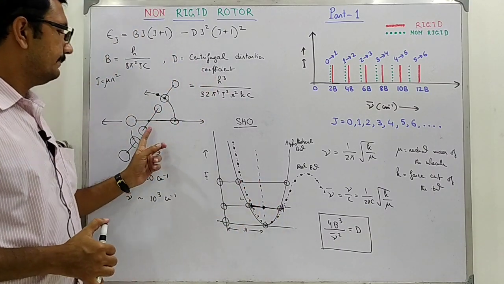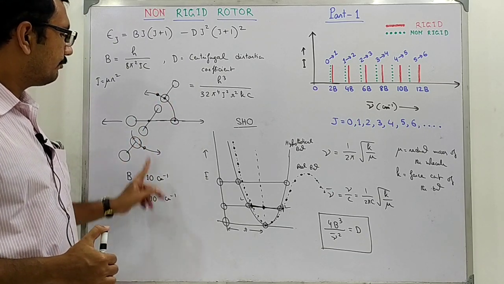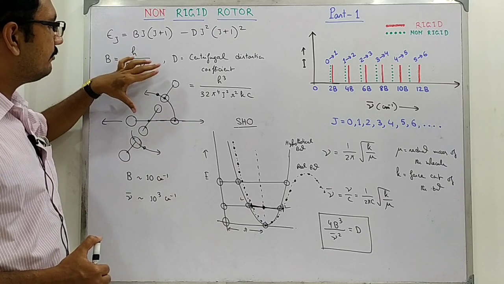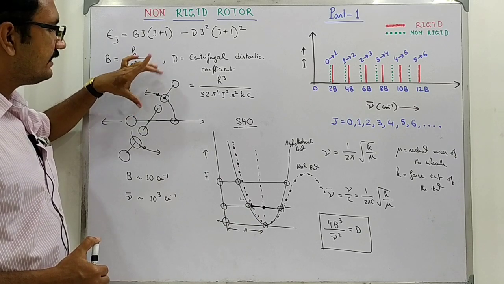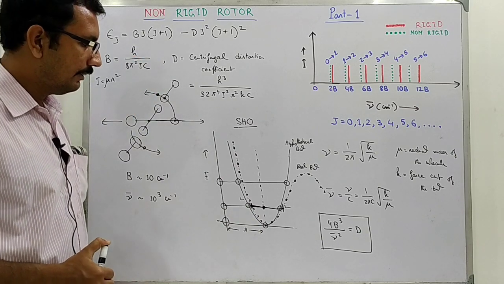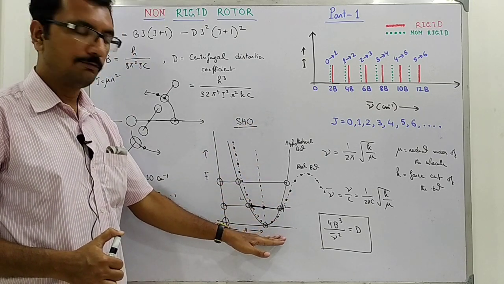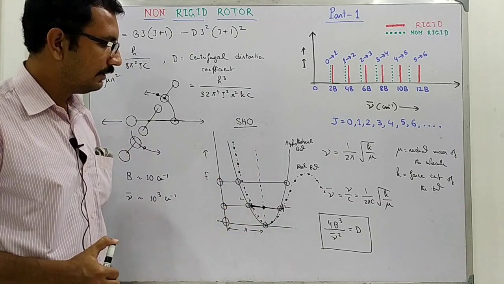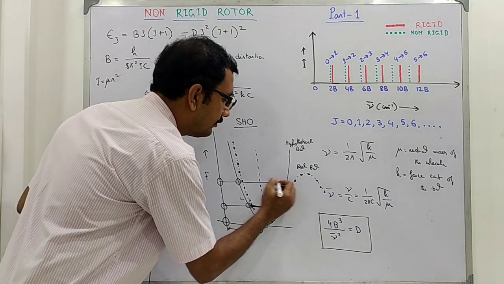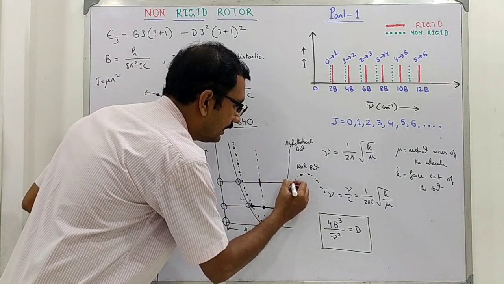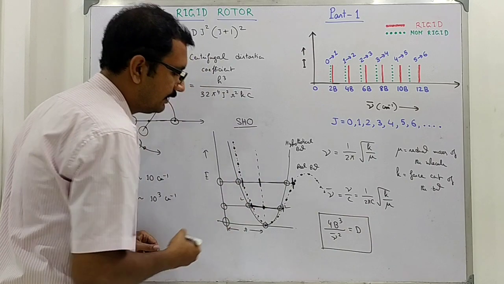Now, while rotating, if the molecule executes a large number of vibrations, then the rotor will experience the average of all the internuclear distances that appear during stretching and compression. In the case of real bonds, anharmonic potentials, the extent of stretching, see from here to here, is the extent of stretching and this is the extent of compression.